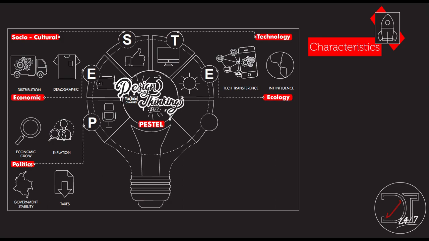Now, the E is for ecological. Before, people didn't understand and never thought that ecological factors were very important, but now they are. If you are making a development, you need to know which restrictions you have, and what impact your product or your service is creating on the environment. Also, global warming is a reality, it's not a myth.